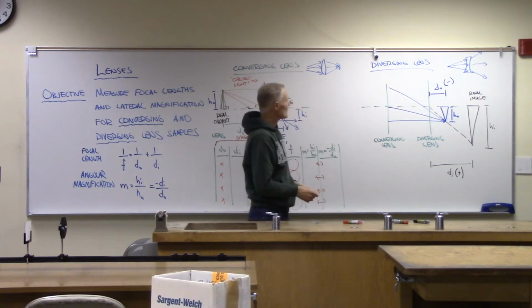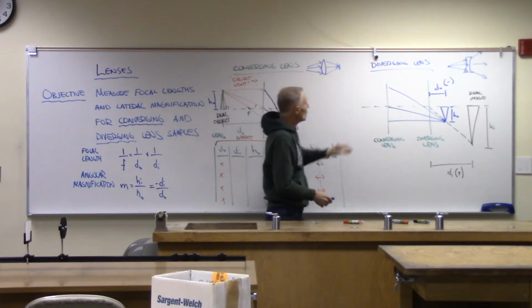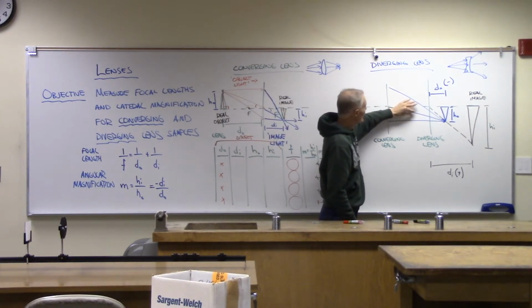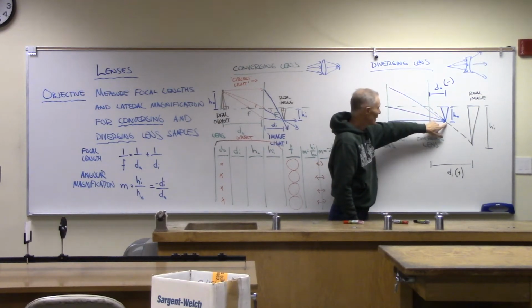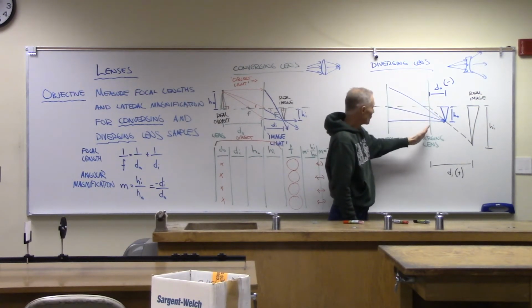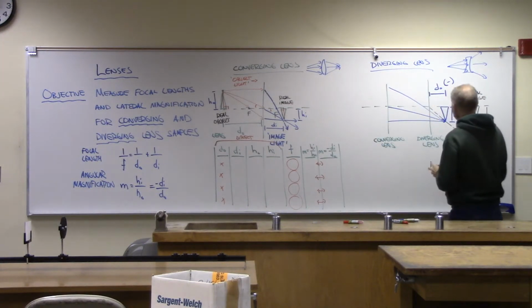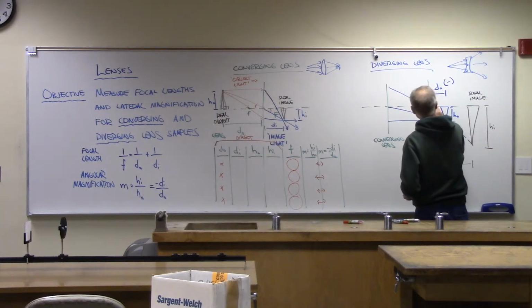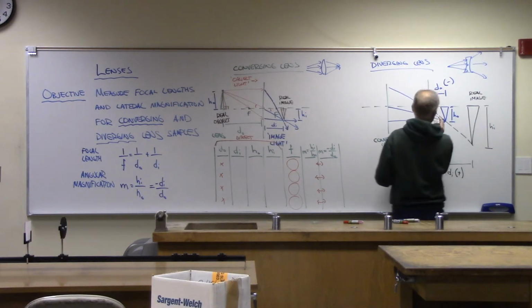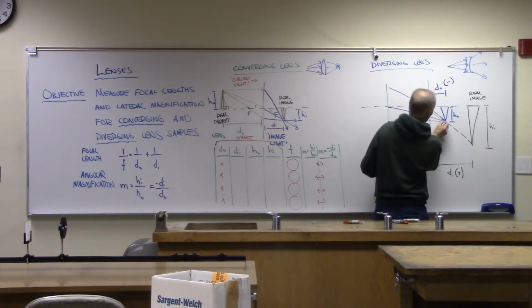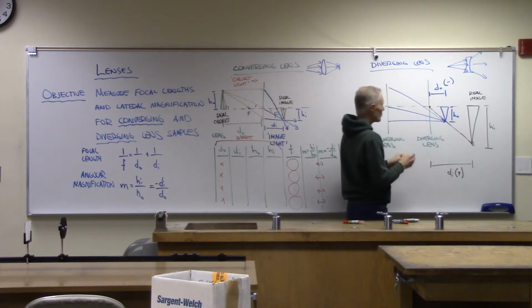So that's what we're doing with this. We're going to have this light come out to this location as if it's coming to this point, but with the diverging lens in place, those light paths are now going to head off towards a new location.